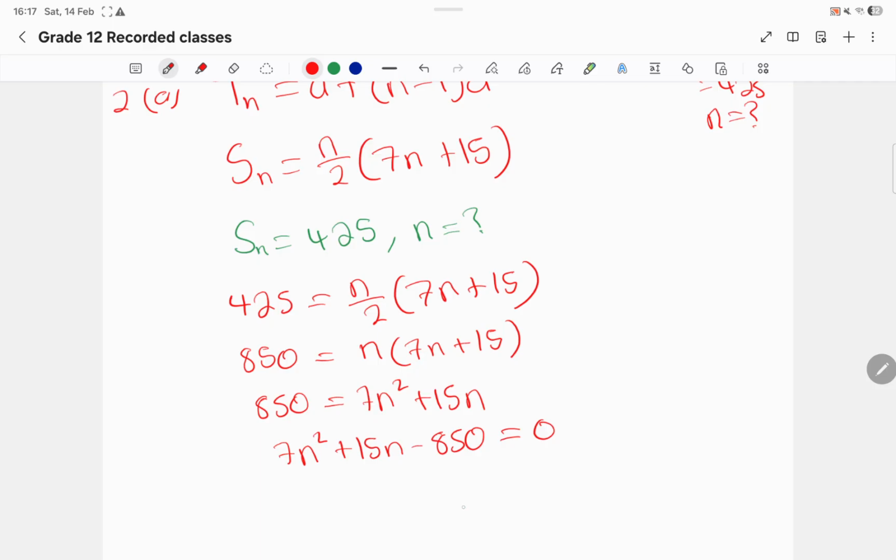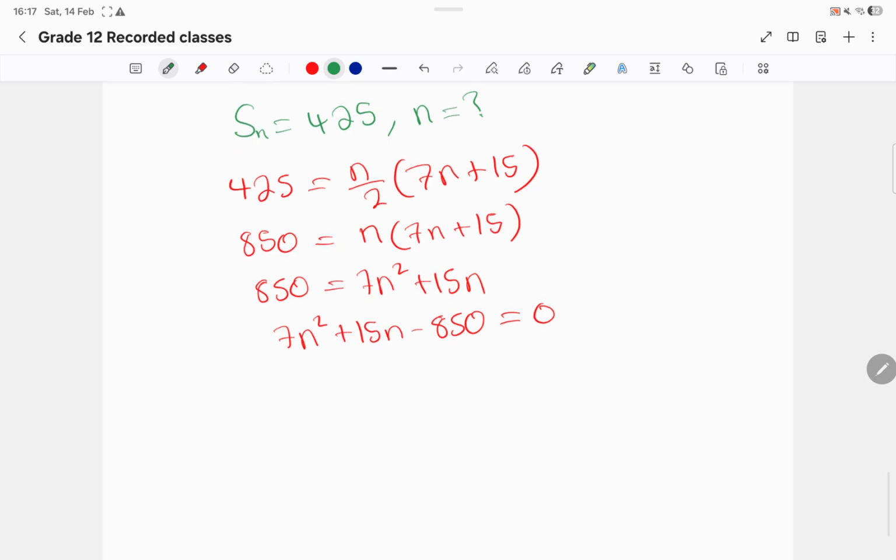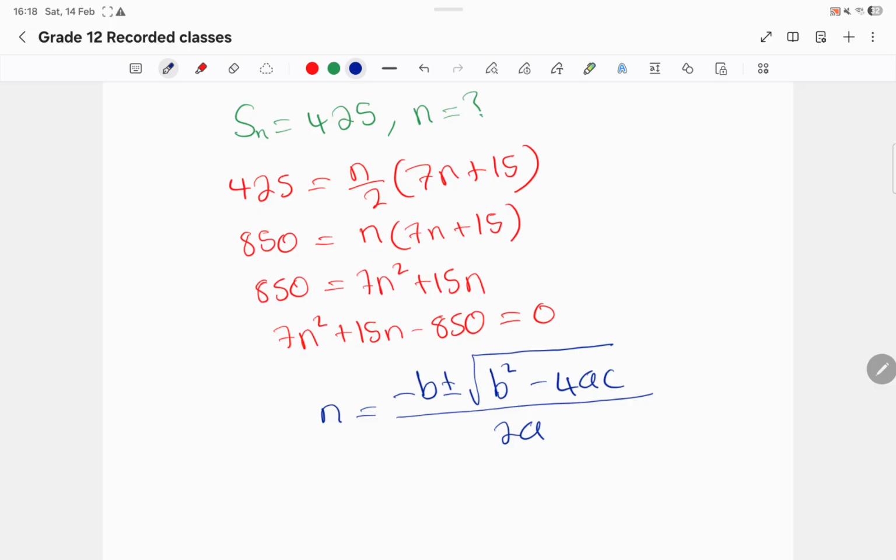Once you're here, to get your value of n, you need to use your quadratic formula. So we apply the quadratic formula: n is given by minus b plus or minus the square root of b squared minus 4ac, over 2a. Let's take a moment and calculate what we get.